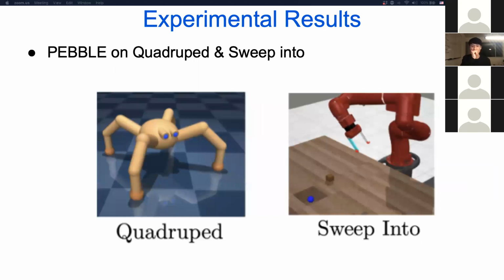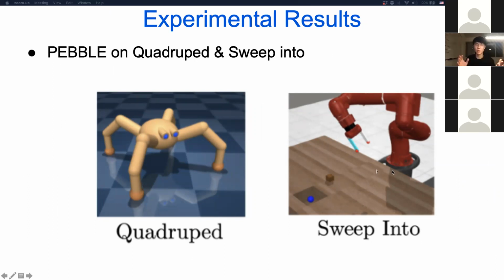Right, so using this simulated teacher, we benchmark recent preference-based reinforcement learning algorithms like PEBBLE and Preference PPO in this paper. However, due to the lack of time, I'm only going to talk about results using PEBBLE on Quadruped and Sweep Into.